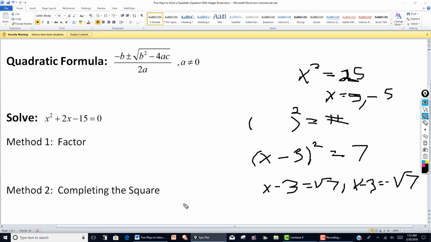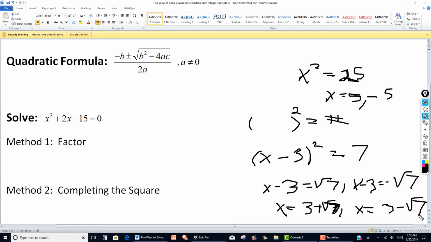So then we have, solving this one, adding 3 to both sides, x can be 3 plus radical 7. And the next one, again adding 3 to both sides, we get x is equal to 3 minus radical 7.